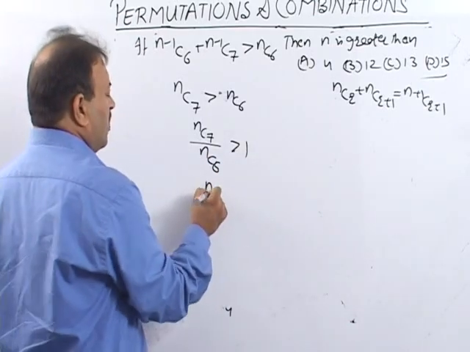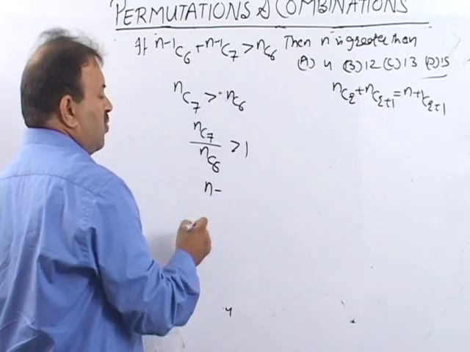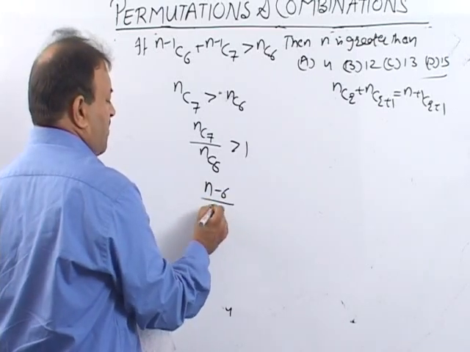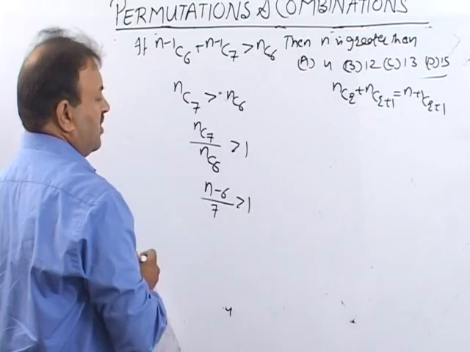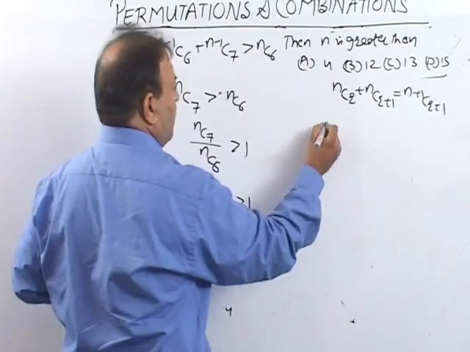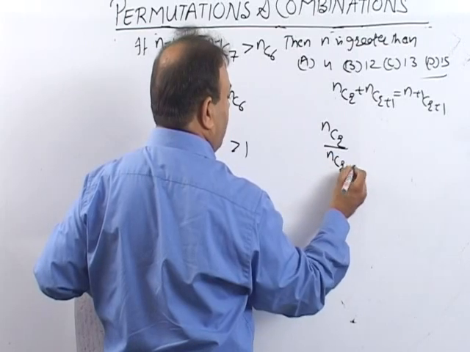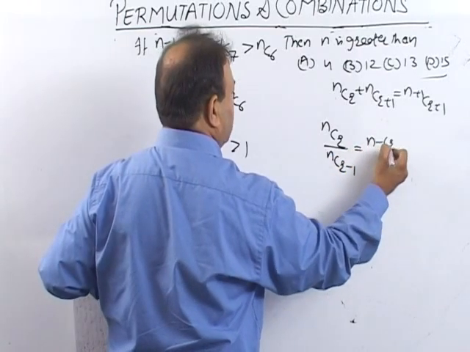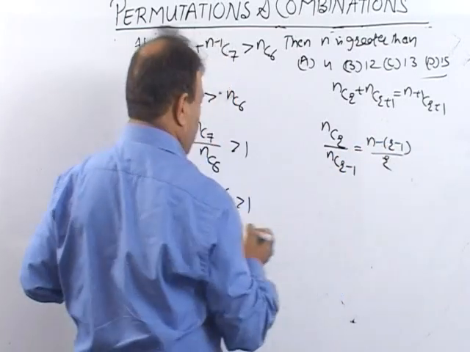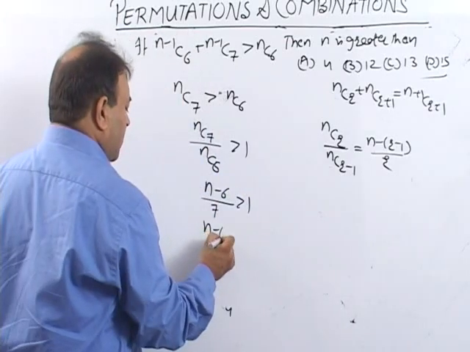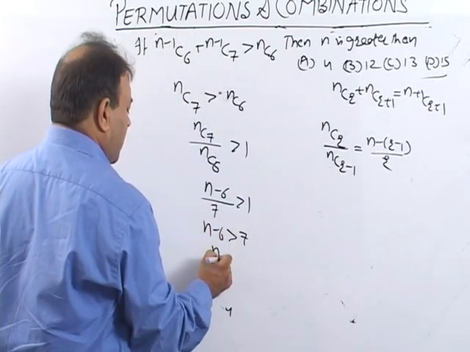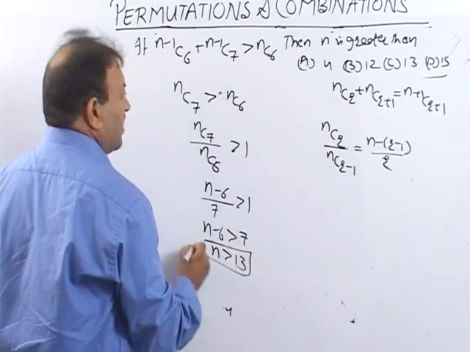That means the formula becomes, say, division वाला रूल लगा देंगे, (n minus 6) upon 7 is greater than 1. ये जो रूल है, once again I am repeating it, nCr over nC(r minus 1) is (n minus r plus 1) upon r. This is n minus 6 is greater than 7, n is greater than 13.